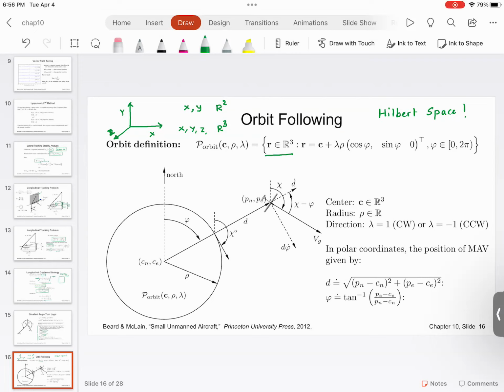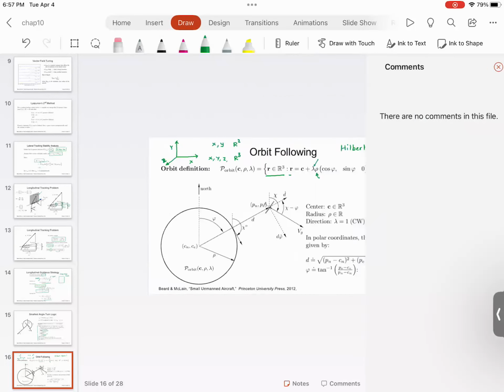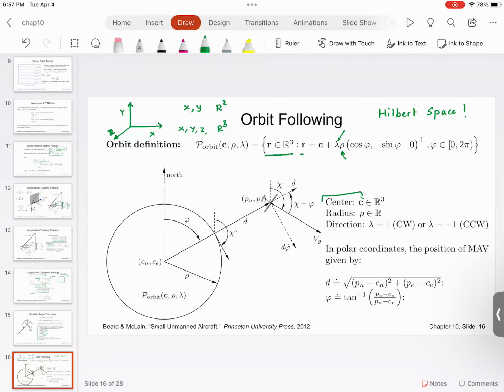And here, our orbit is defined by means of a scalar quantity and a vector quantity. Basically, you are defining a center. So you have this center at C. You have a scalar radius rho.